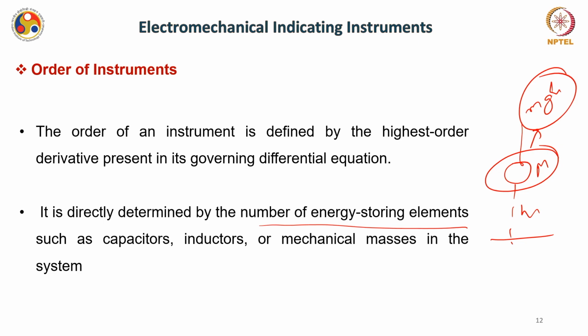The order of an instrument is defined as the highest order derivative present in the governing differential equation of the measurement system, as well as being directly determined by the number of energy storing elements, for example capacitor, inductor, or mechanical masses in the system. Fine. So I hope that the basic gist of this order is clear to you.